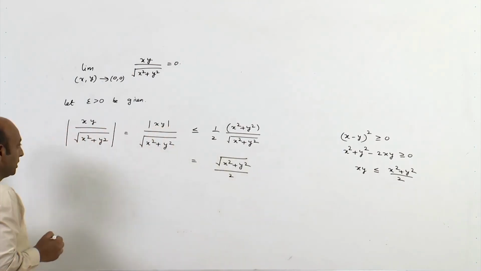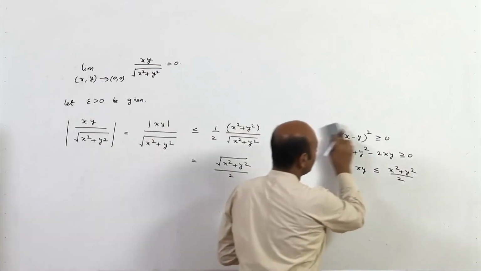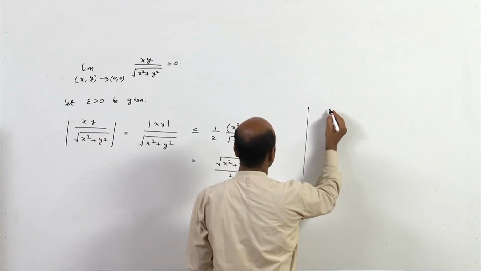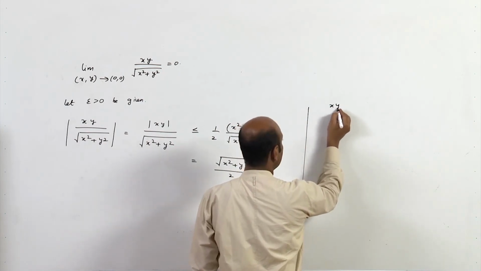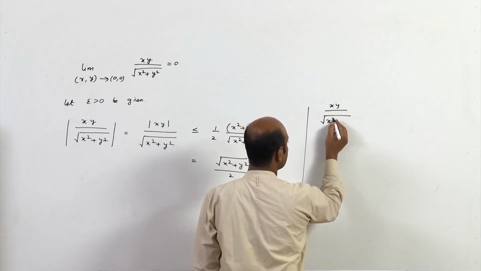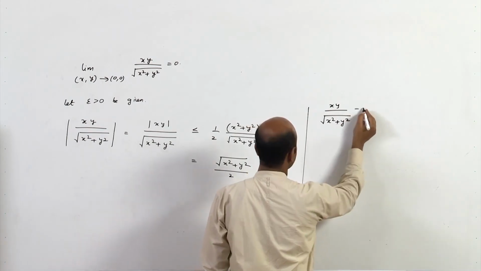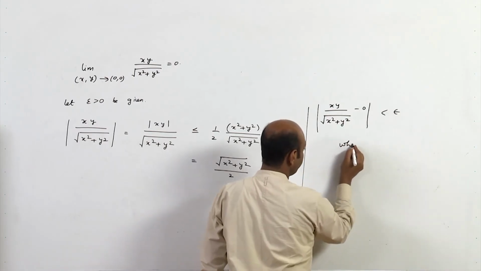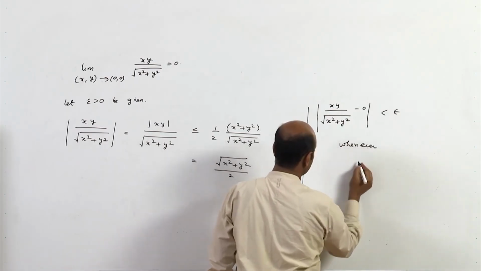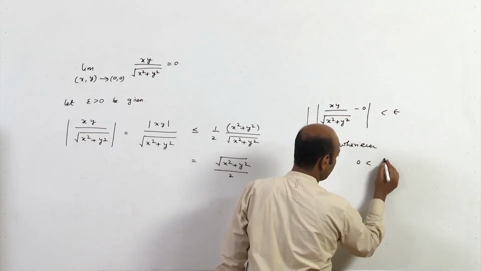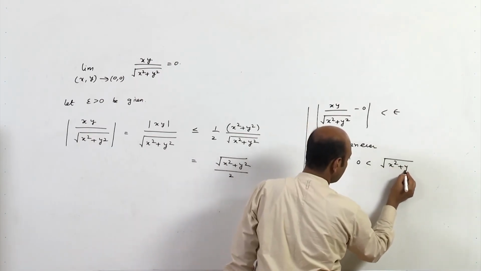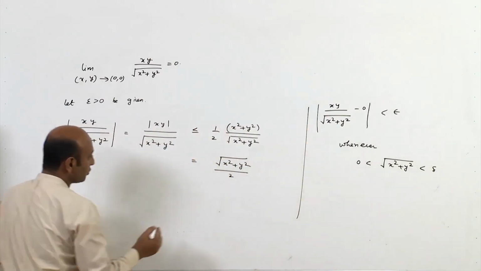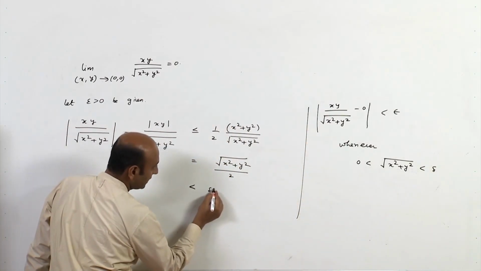Now what we have to show here? Here we have to show that mod of xy upon under root x square plus y square minus 0 will be less than epsilon whenever 0 less than under root x square plus y square less than delta. So this quantity will be less than delta by 2.